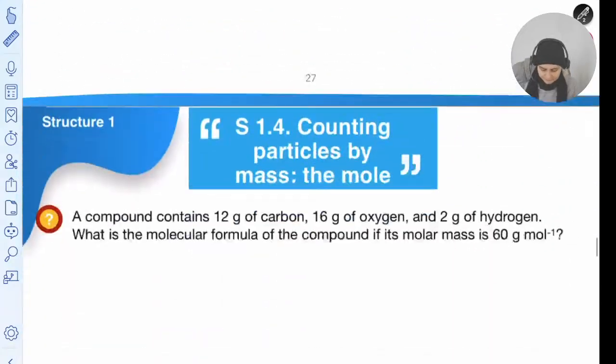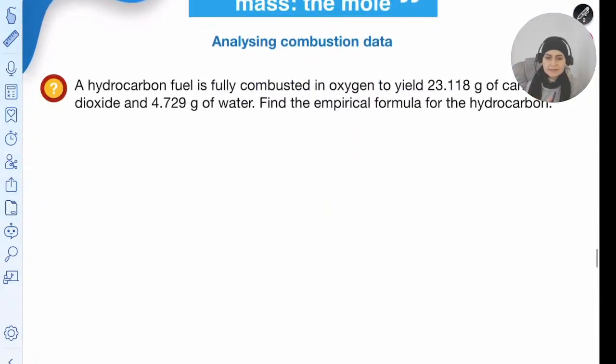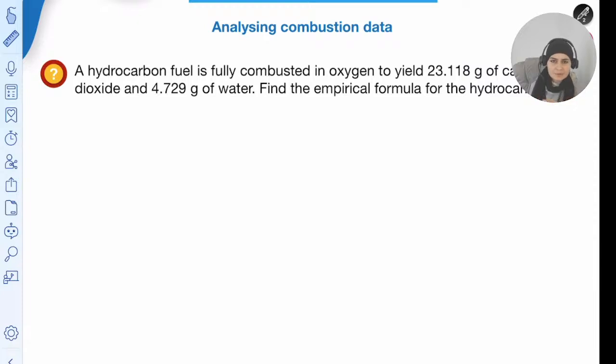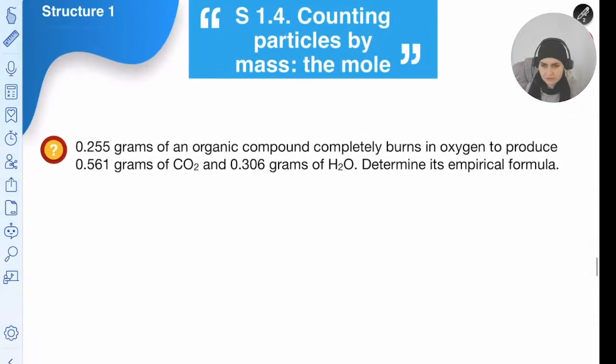All right, next. These I'm skipping, they're similar questions. And this is the last thing from my minimum program that I wanted to cover. It's analysis of combustion data. Let's just do a more complicated question, this one.